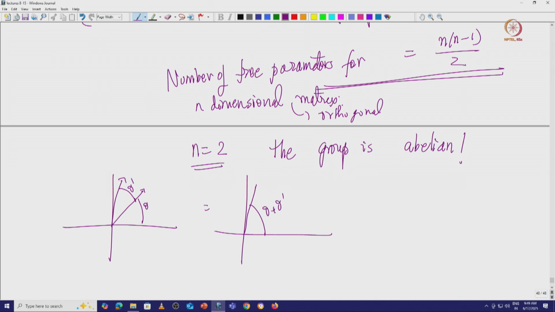This does not matter if the order of rotation is changed, because there is only x and y.